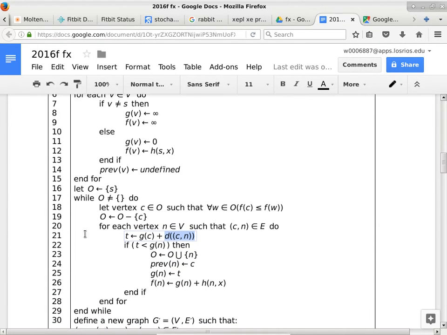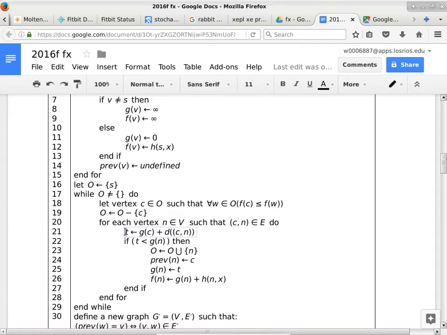You might want to write down in your notes, or when you listen to the lecture again, that T is representing the cost of a path going from the start vertex through vertex C to vertex N. C and N are connected by an edge.